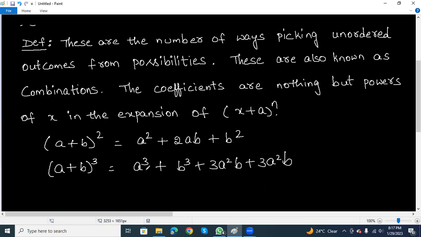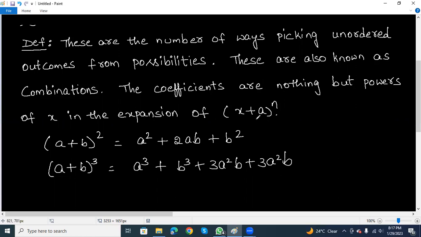So, for writing this kind of formula with a different power, we need to learn how to expand a binomial expression with any power.